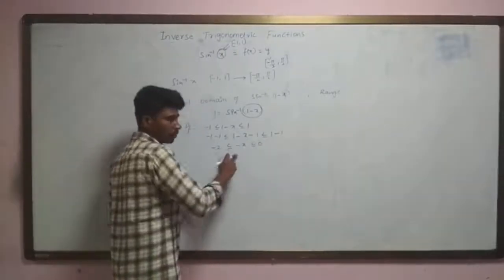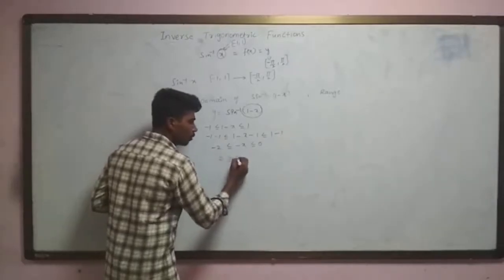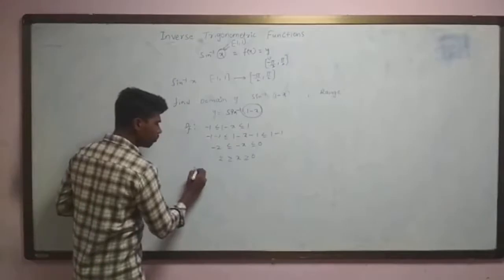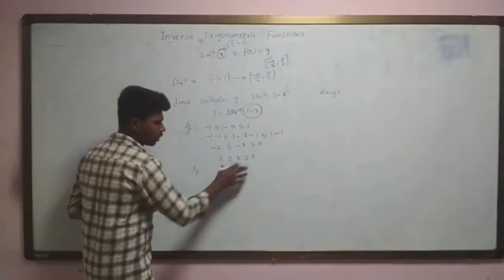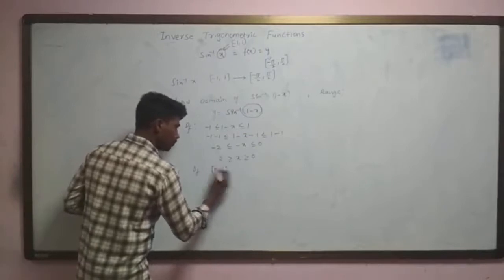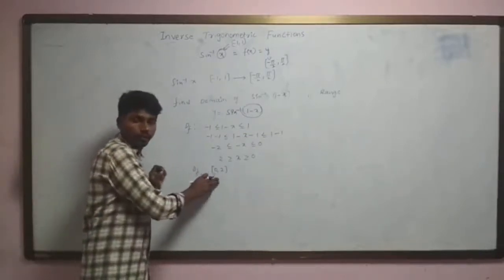I got minus x, so I have to multiply by minus, then I get 2 greater than or equal to x greater than or equal to 0. So the domain of the given function is 0 to 2.